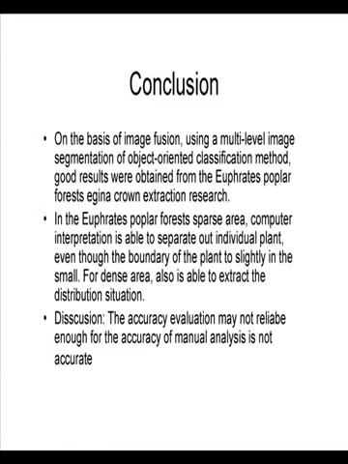In conclusion, on the basis of image fusion, we used a multi-level image segmentation, object-oriented classification method, and we had good results. Both in the Euphrates poplar forest sparse and dense areas, we extracted the distribution situation.